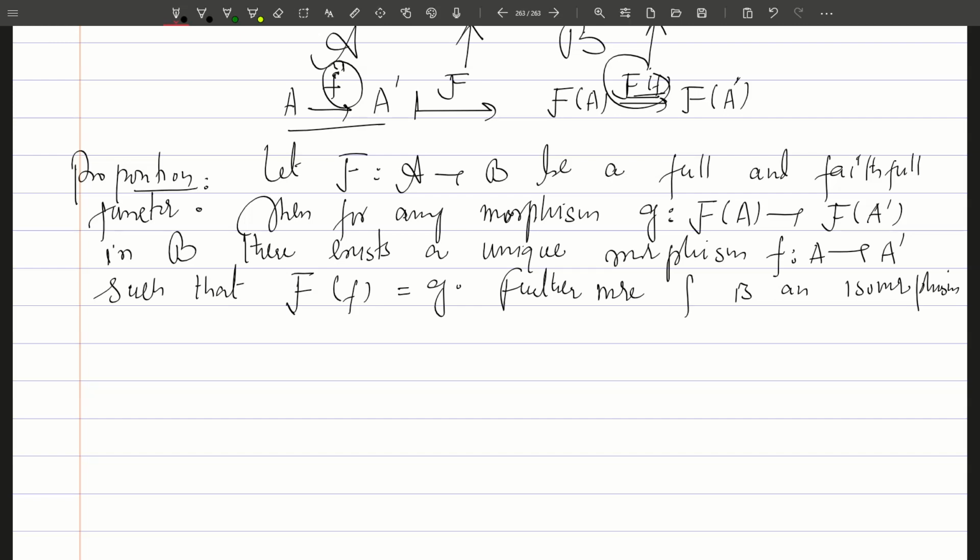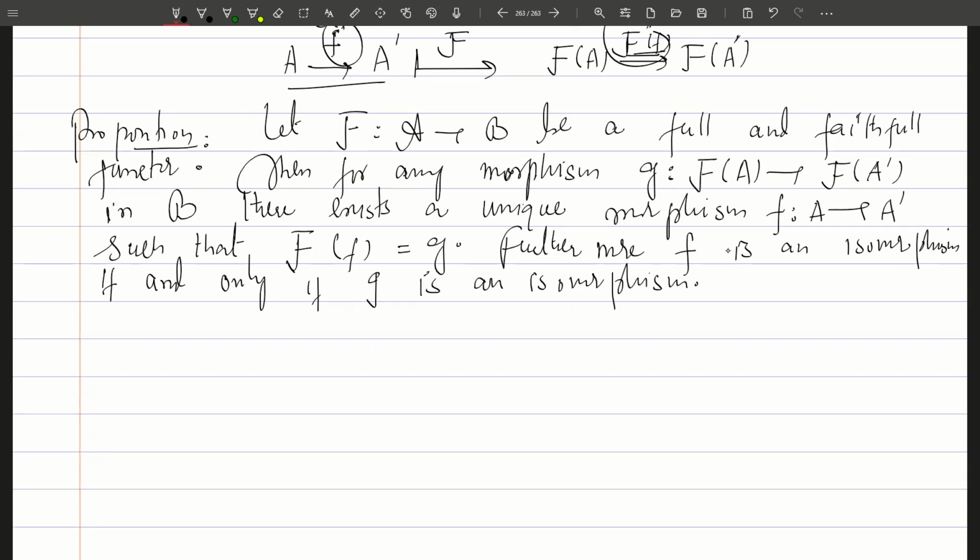We say this little f is an isomorphism if and only if G is an isomorphism. So this is straightforward.